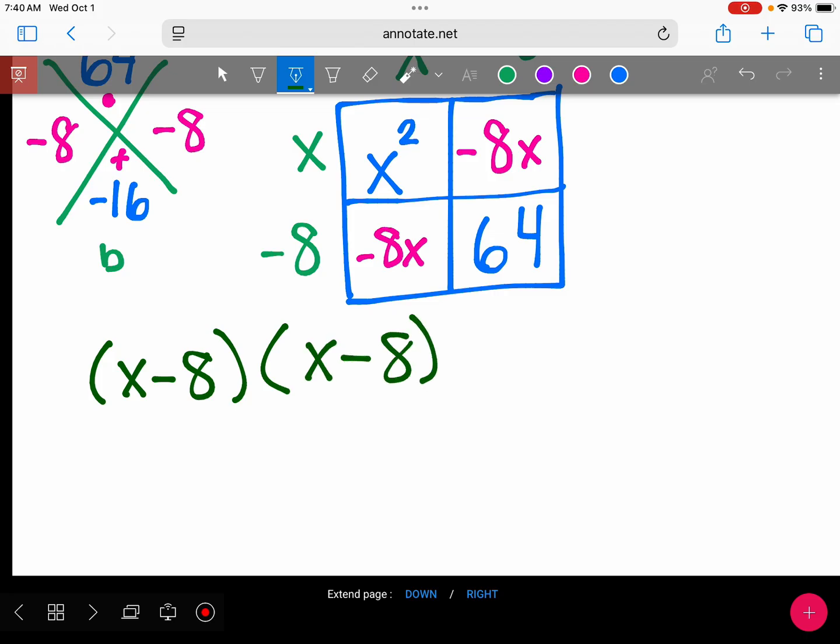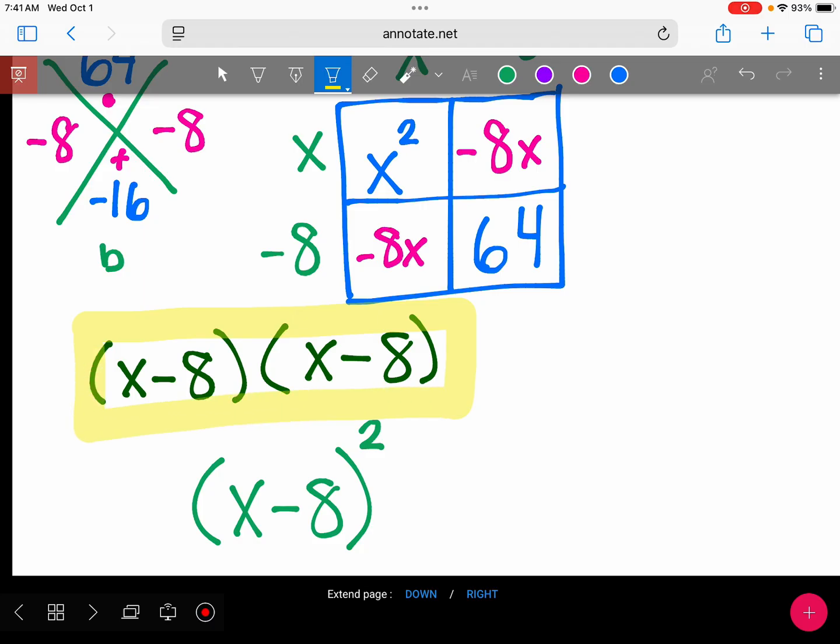Absolutely valid. 100% okay. I could also write it as our x minus 8 squared. Either one of these works just fine. There will be times when having it written like this is more helpful.